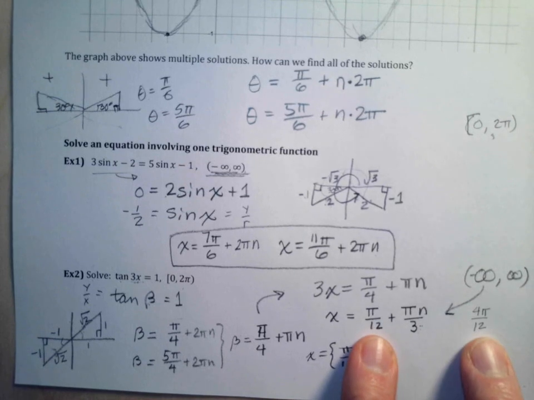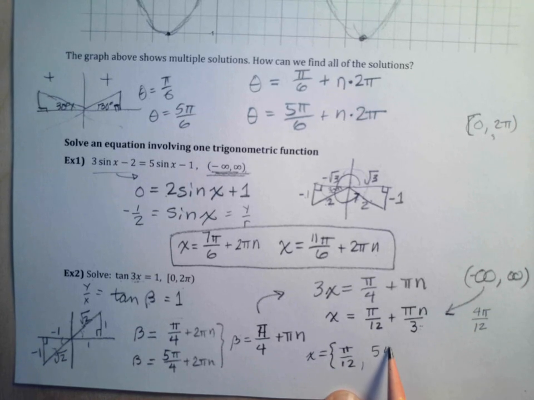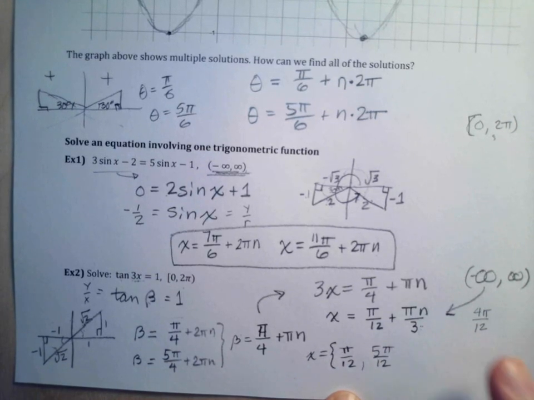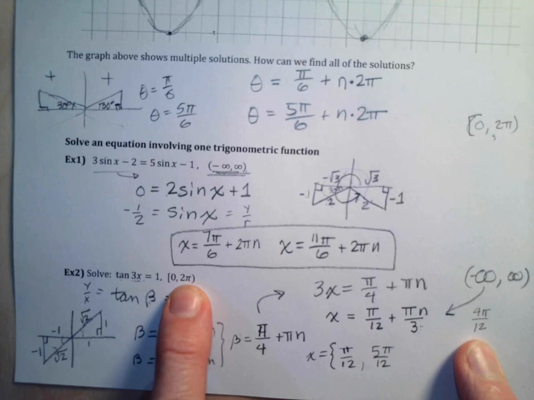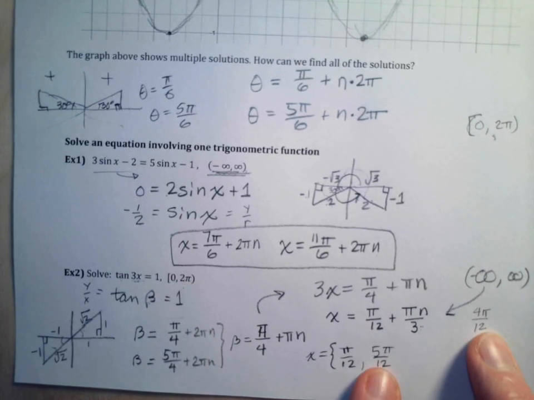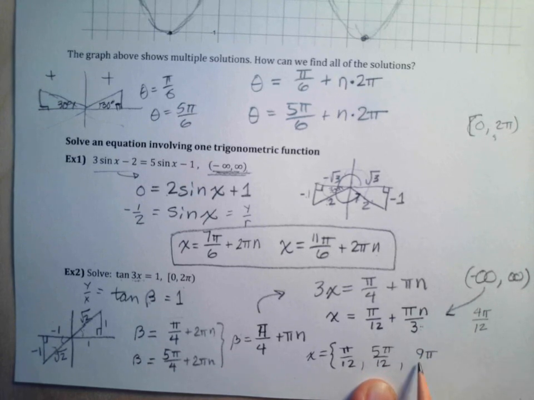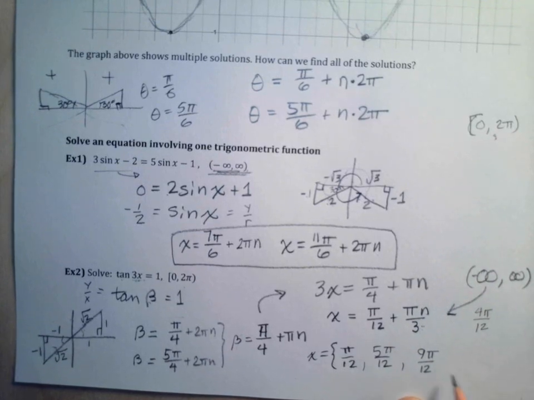So I add one of these, and I get 5 pi over 12. And I'm going to keep going until I get up to 2 pi. Don't want to go past 2 pi. So let's say I add another 4 pi over 12 to this, and that gives me 9 pi over 12. Now I can reduce that, right? 9 pi over 12 can be reduced.